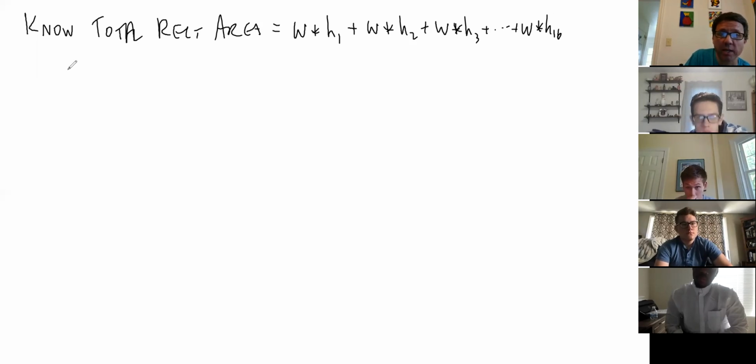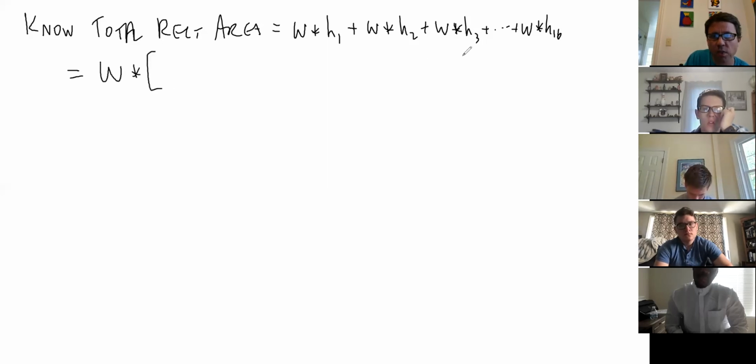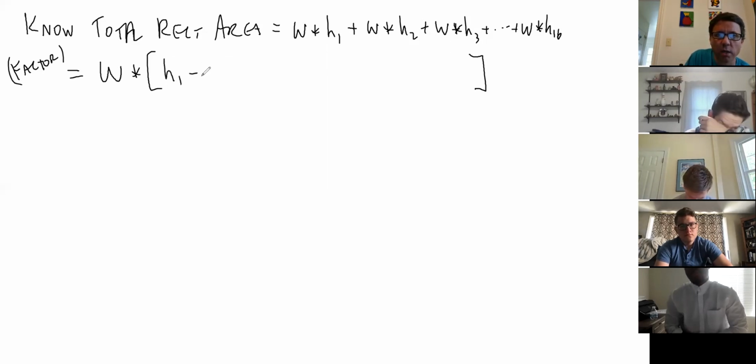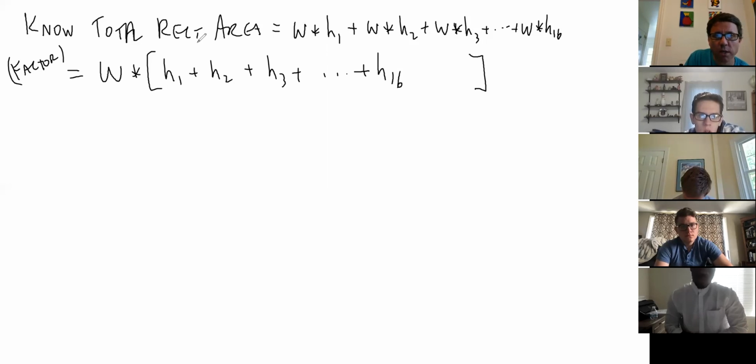Or, being nice, I can use the distributive property backwards to just say, well, that's the width times, and I can just factor it out. If I factor out W from all of these things, I've got H1 plus H2 plus H3 plus all the way across H16. If you wanted to, factor it back out by distributing WH1, WH2, WH3.